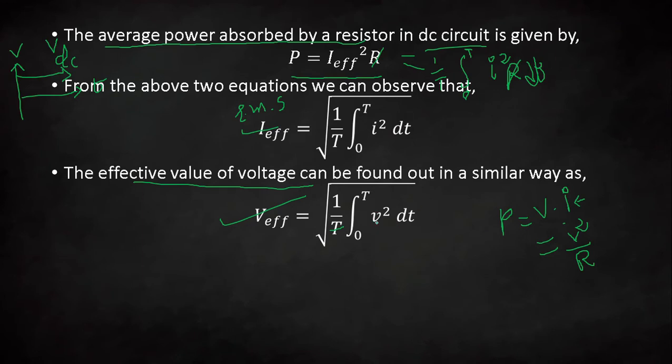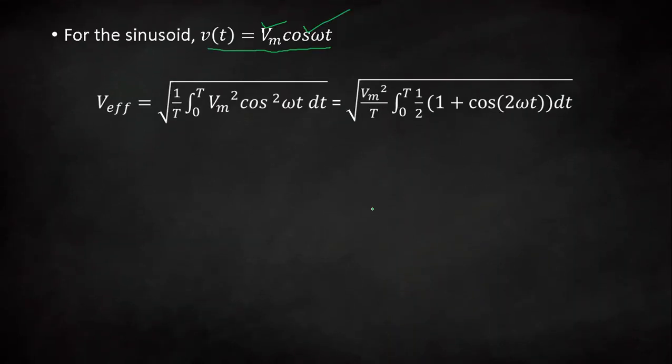So in place of V, we are putting Vm cos omega t, then it will be 1 over T, Vm square, and the square of cos omega t will be cos square omega t dt. This is your final equation.